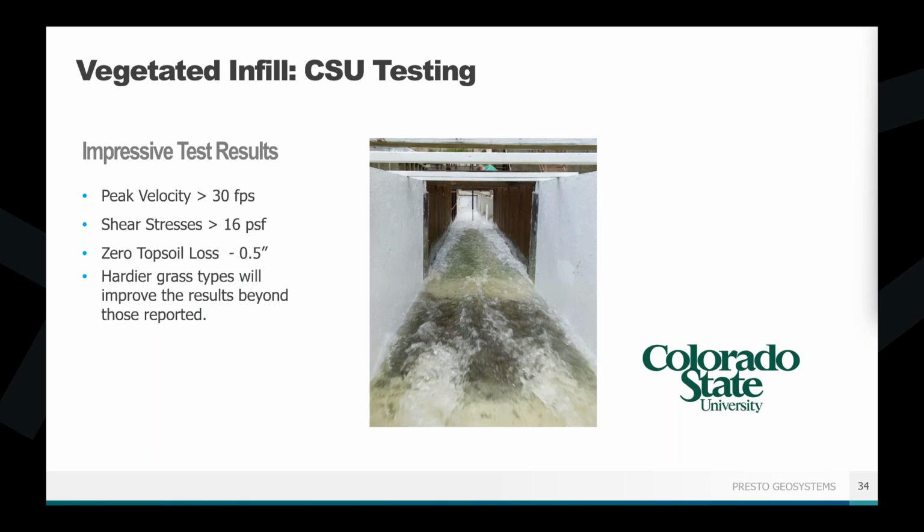The ability to withstand high velocities and shear stresses are the main thing that we're thinking about when considering withstanding water flow. And the second objective that we had was also to compare the performance of topsoil filled GEOWEB with riprap or other conventional solutions, such as an erosion control blanket, independent of any other system.